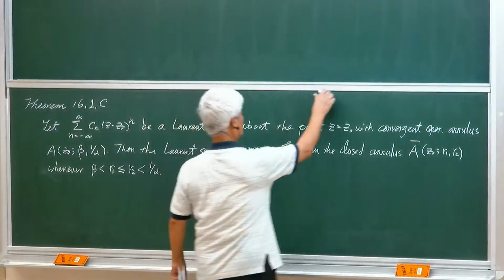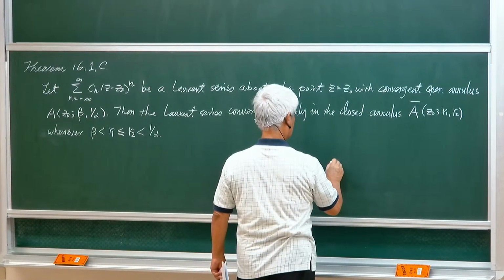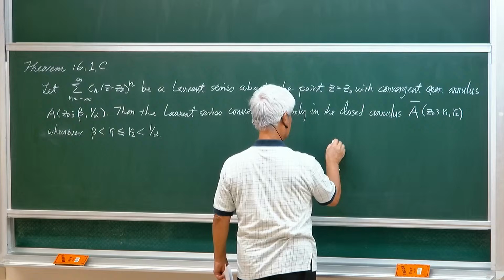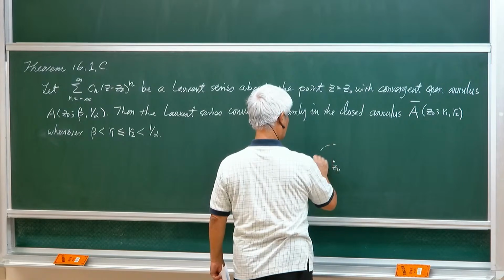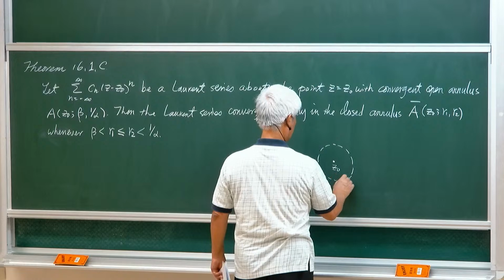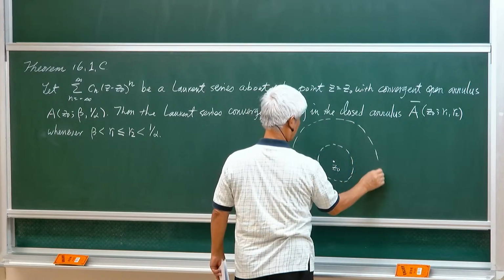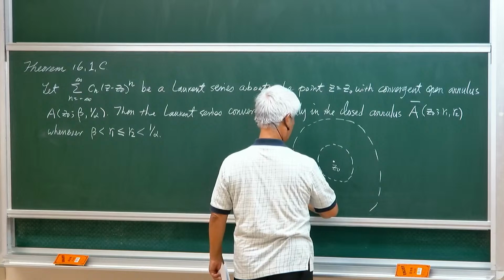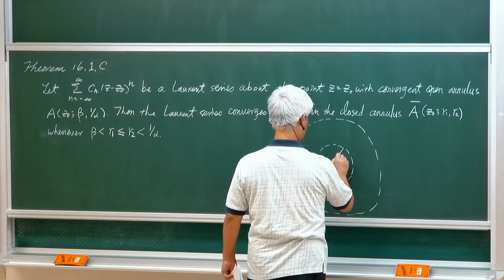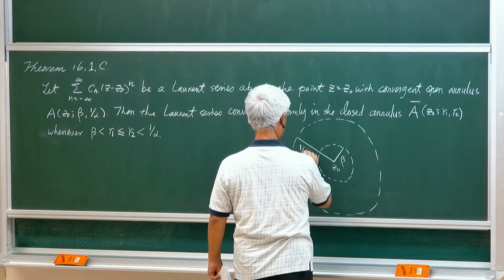Okay, so the situation is here. So this is z sub 0. Right, so this is beta, and this is 1 over alpha.